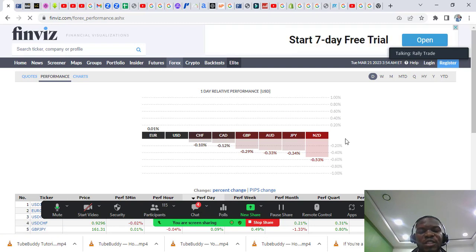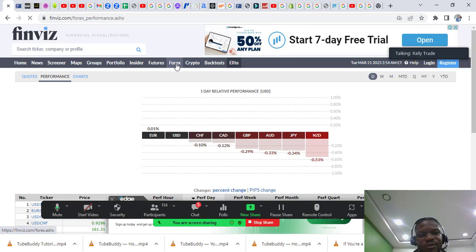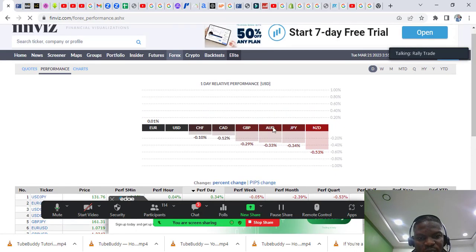I hope you already know this website. If you don't, it's www.finviz.com. Then you click on Forex, then of course you click on Performance. You get to see the one-day relative performance of USD with other major currencies. I can see that USD is ahead of CAD here.